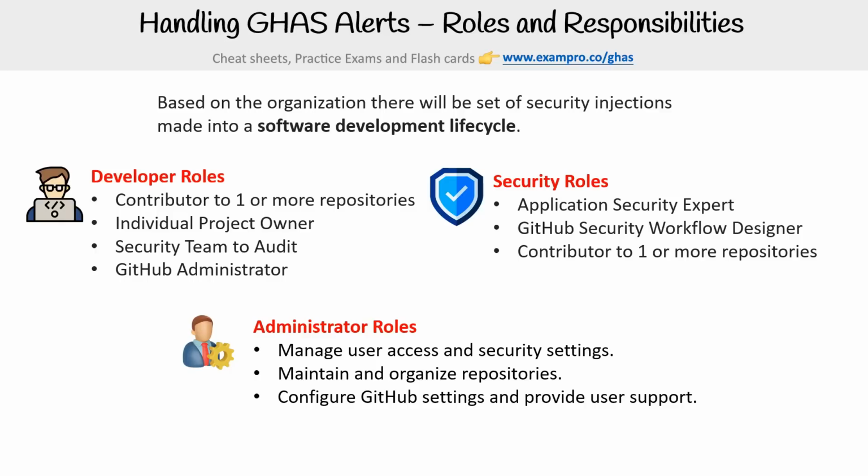They may even only have secret scanning enabled and none of the other GitHub Advanced Security services enabled. So it may be just their job is to figure out what that workflow would be and enable those services. They could also be contributors in one or more repositories, especially if they are talking about security repositories or trying to eradicate vulnerabilities from certain repositories.